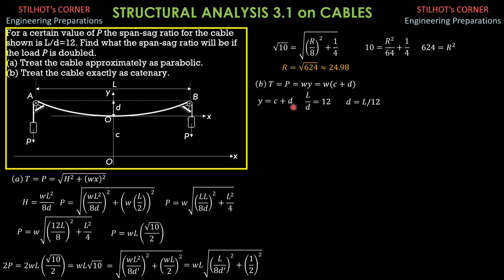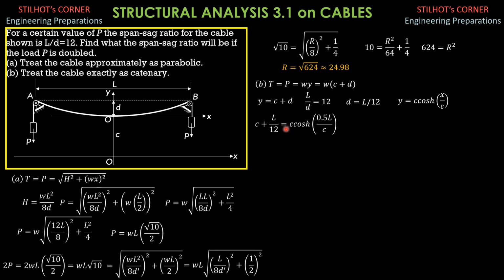So substitute D equals L over 12, then we find C in terms of L, and we substitute it into the equation of the catenary, which is Y equals C cosine hyperbolic of X over C, where X is 0.5 L by symmetry in this problem. So C plus L over 12 equals C cosine hyperbolic of 0.5 L over C.